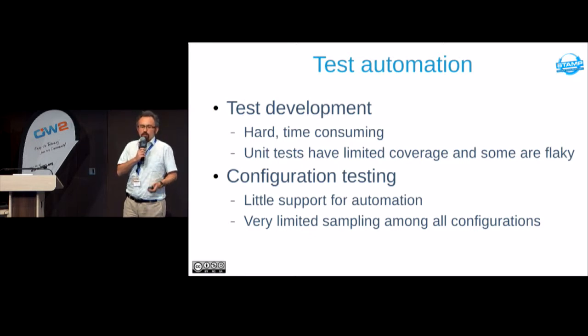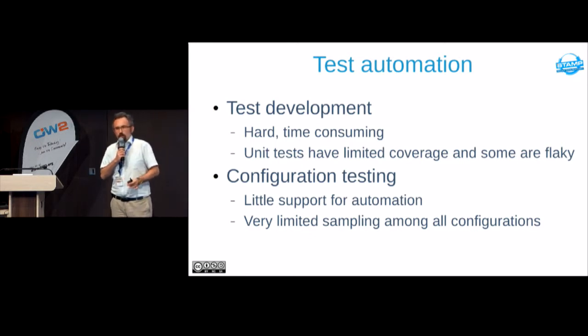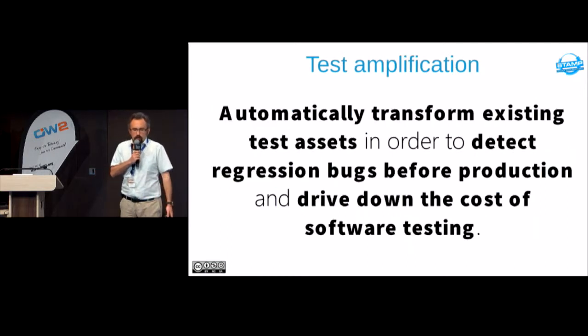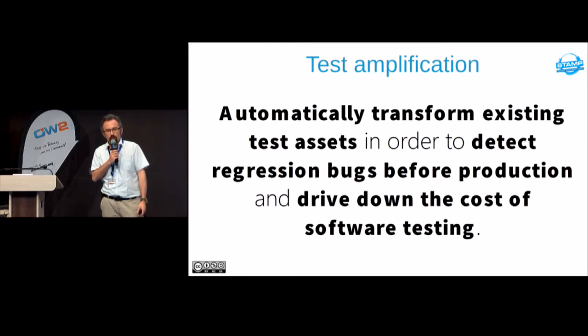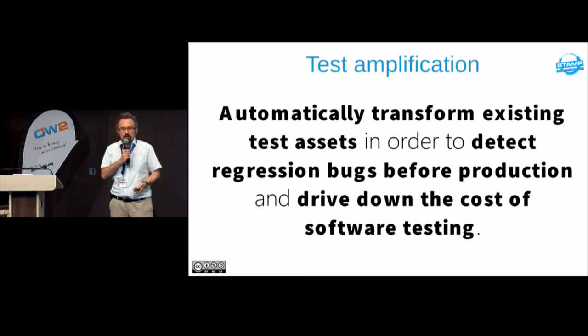Usually in projects, we've got very limited samples of configurations. Maybe you'll test 2 versions of Java and 2 database engines, and that's all. So STAMP will try to automatically transform existing test assets in order to detect regression bugs before production and drive down the cost of software testing.